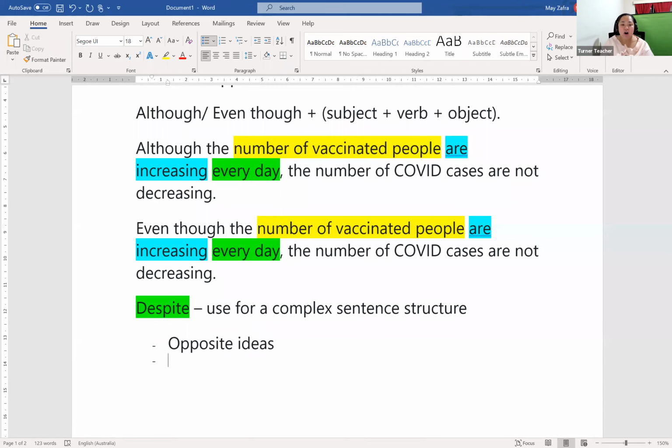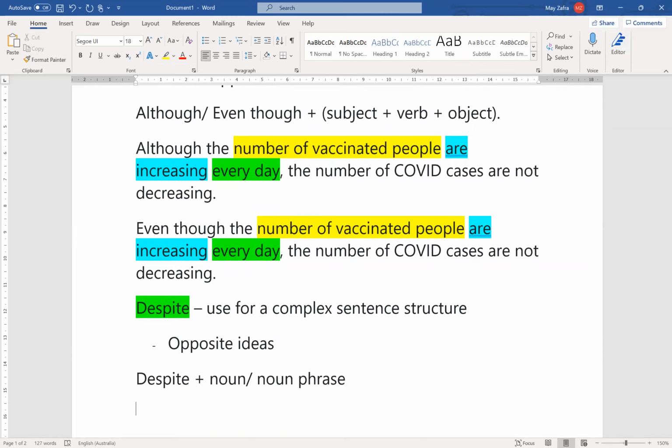However, when you are writing a structure with despite, the despite has to be followed by a noun. Okay. Despite has to be followed by a noun or a noun phrase.